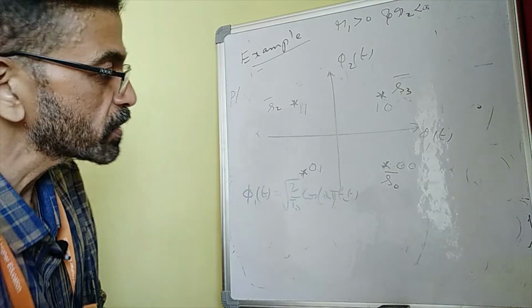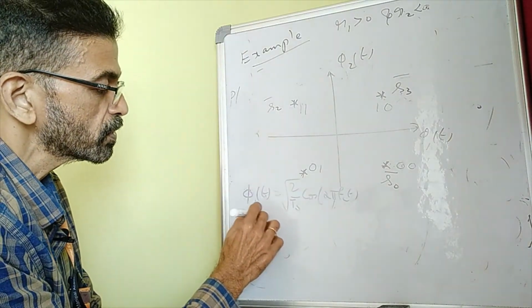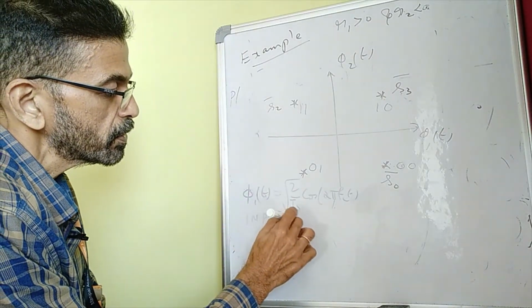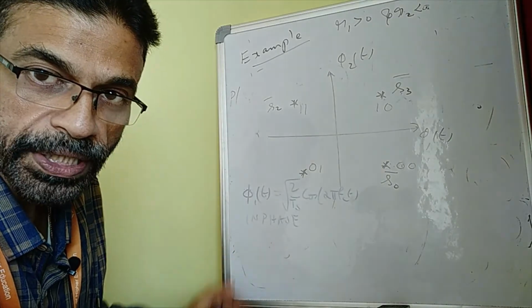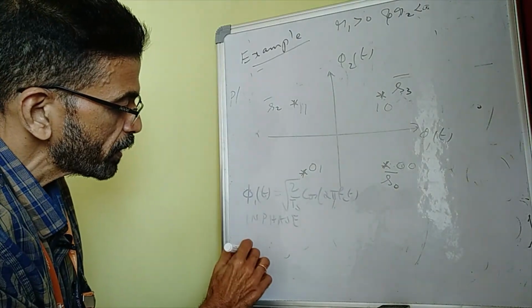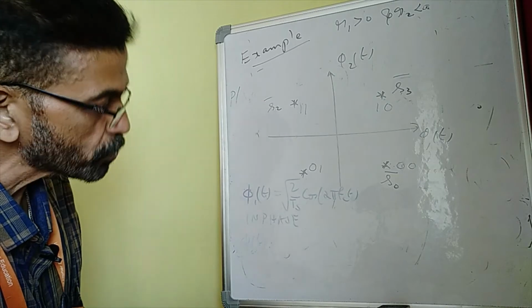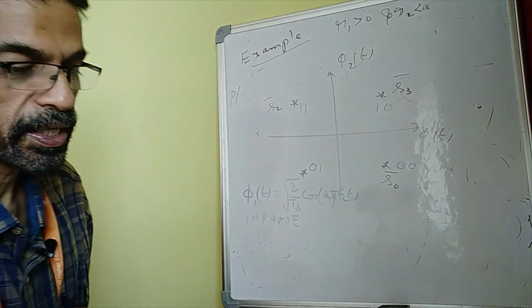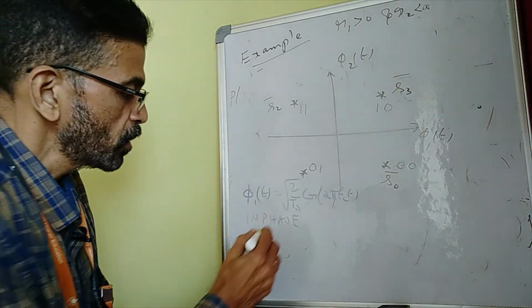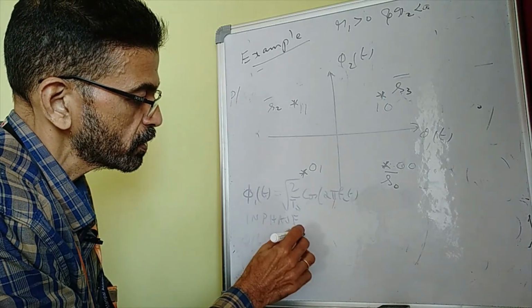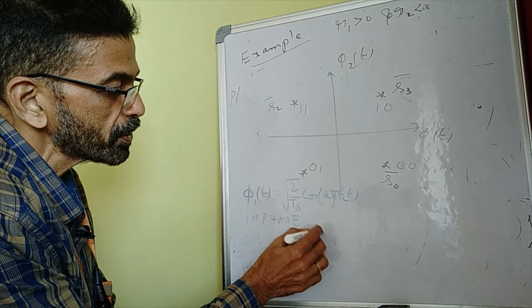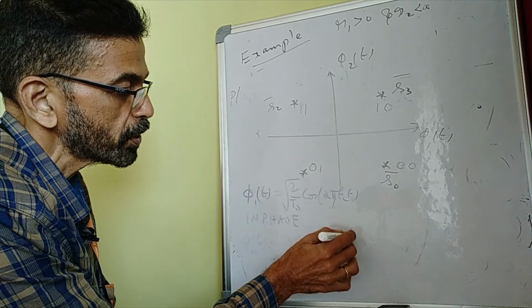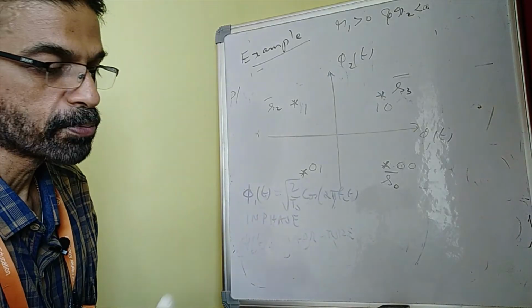We will be referring to this as the in phase carrier component, and phi 2t, which is root of 2 by Ts sine 2 pi fct, as the quadrature carrier component. In phase and quadrature phase component.